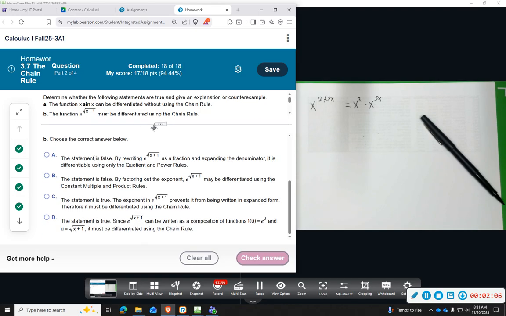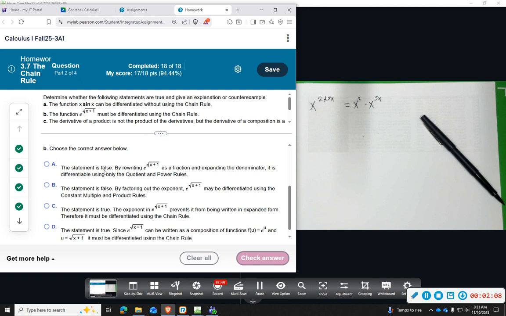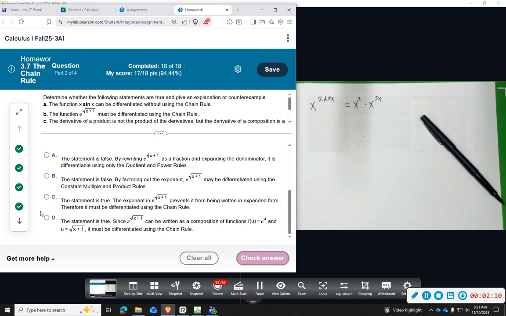So we're looking for a true statement, so we'll look at C or D. The statement is true. The exponent in the e to the square root of x plus 1 prevents it from being written in expanded form. Therefore, must be differentiated using the chain rule. Looks good. And then D says since e can be written as a composition of functions, and that's not writing it as a composition of functions.